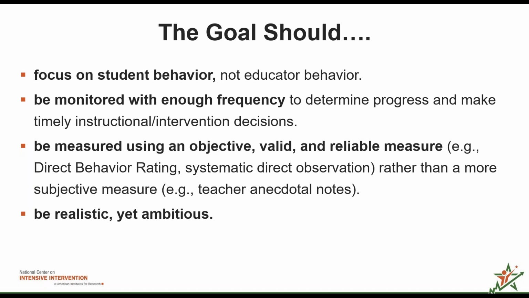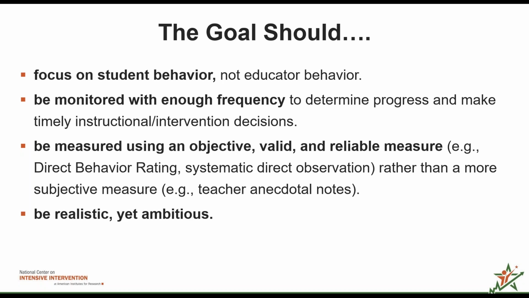And we should also make sure that the goal is realistic yet ambitious. And that is important too, because we want to make sure that we are not asking our students who we know have some level of struggle or level of challenge in relationship to a potential disability or other executive functioning or communication needs to perform perhaps greater than their peers, which is not something that we want to include in the IEP.